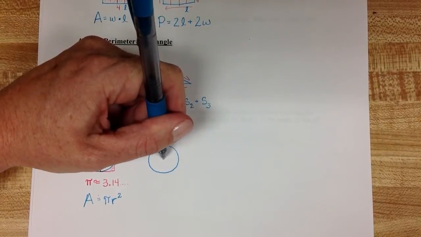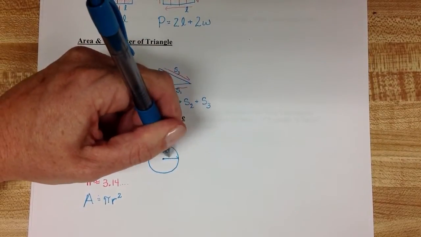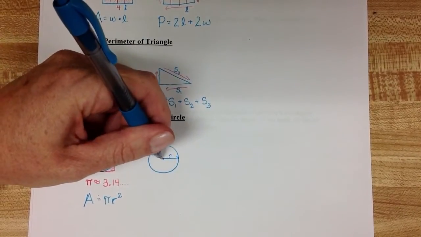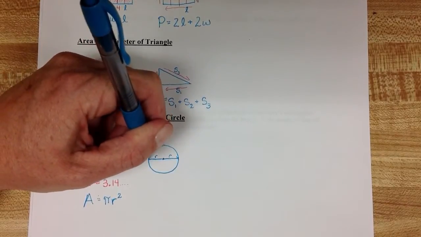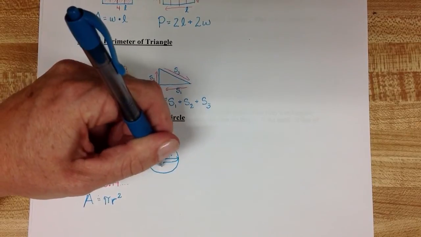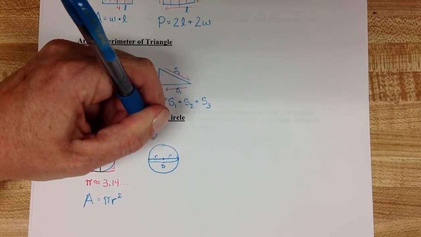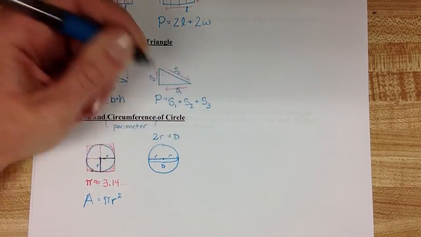Those smart Greeks also figured out a relationship between the radius and the circumference. They figured out if you take both of the radii, or we call that distance the diameter, 2 radii equal a diameter.